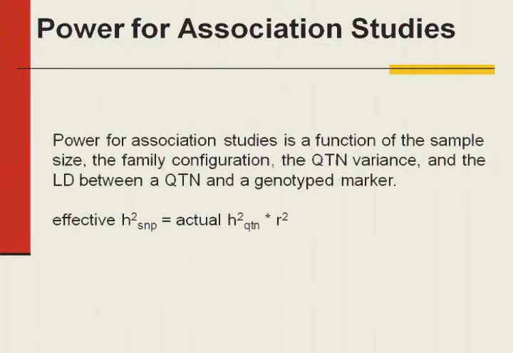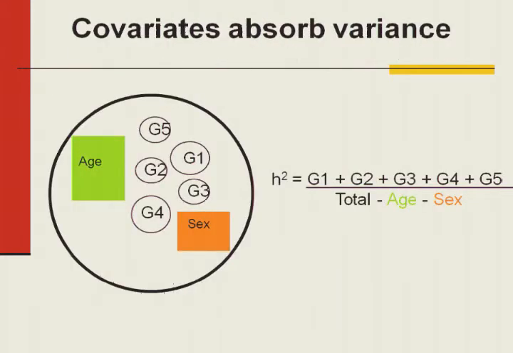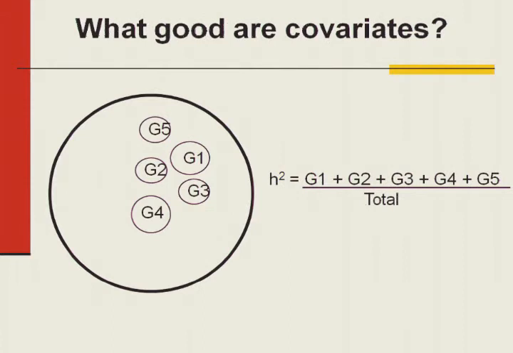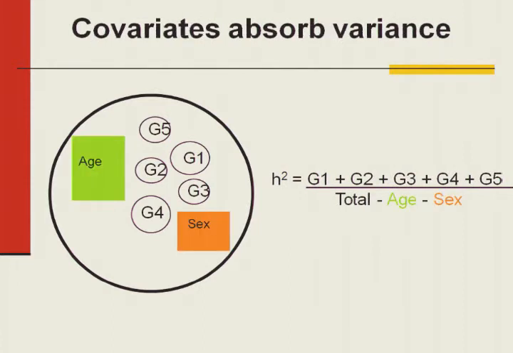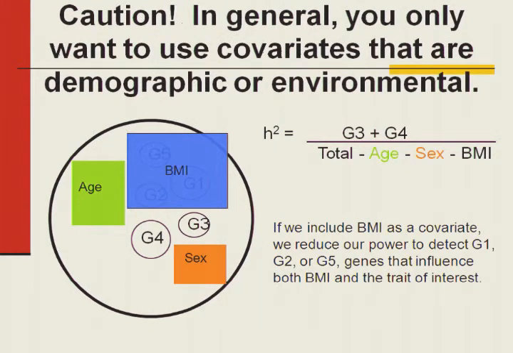Yeah, so I'm thinking about this situation here, where our heritability is the aggregate of the effects of the loci over either the total variance or the total unexplained variance. I can take a genetic effect, then when I put in BMI, you notice I've taken out G1, G2, and G5 effectively from both sides, both parts of my equation here.